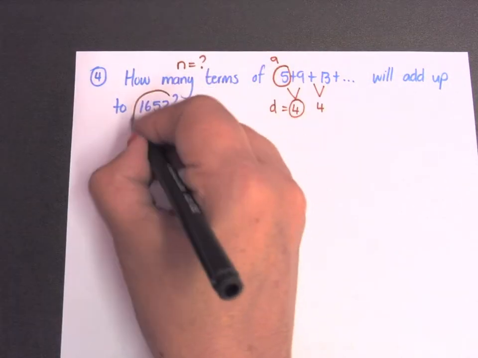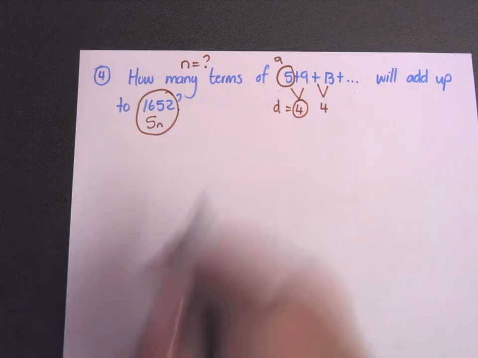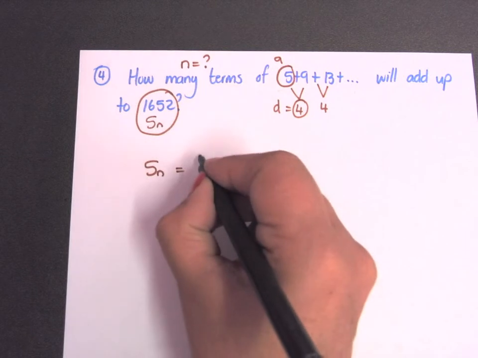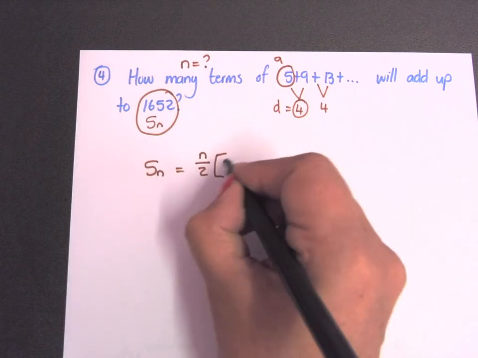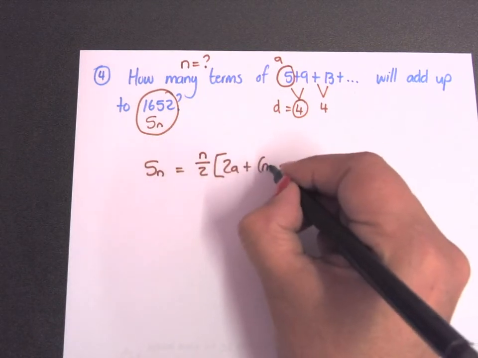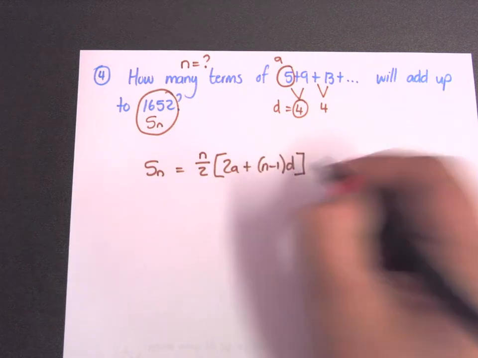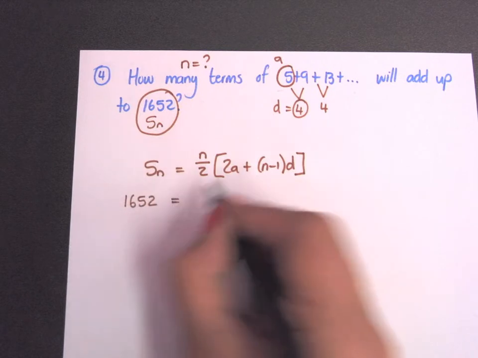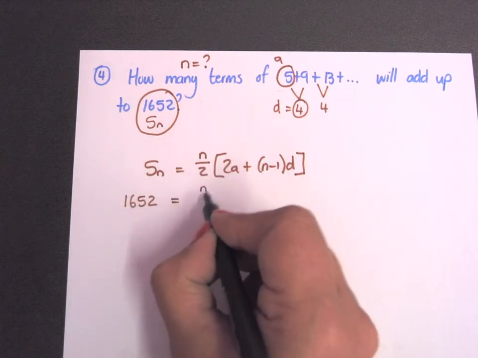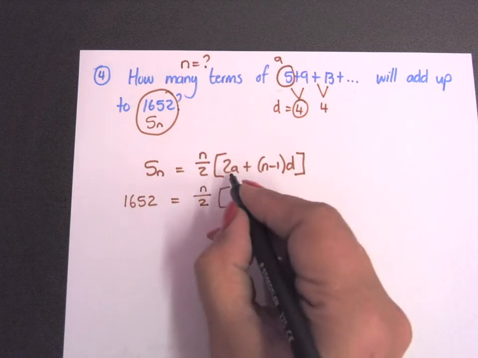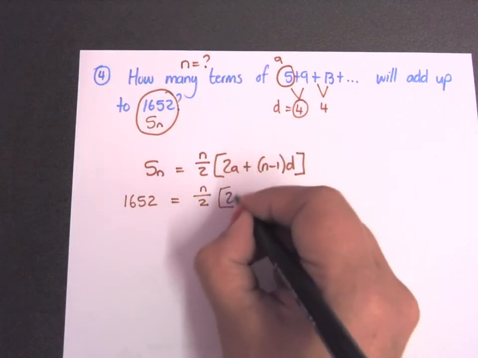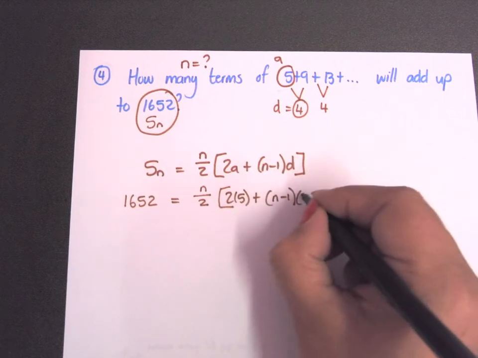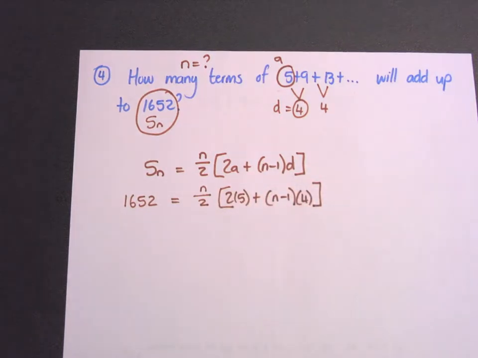I know Sn has a value and I need to calculate n. So we always start with the formula n over 2, 2a plus n minus 1 times d. Sn is 1652. I don't know what n is, so I keep it n. 2 times a is 2 times 5 plus n minus 1 and d has a value of 4.